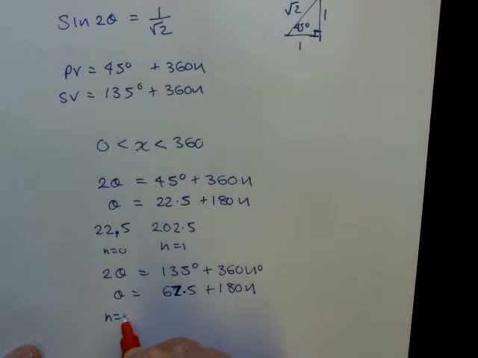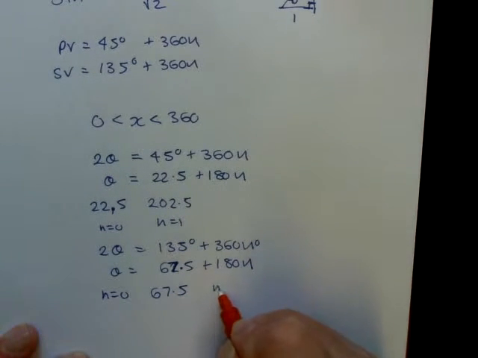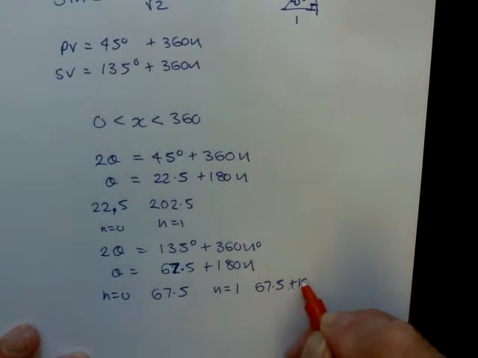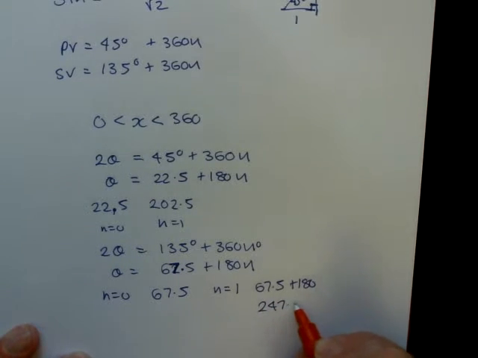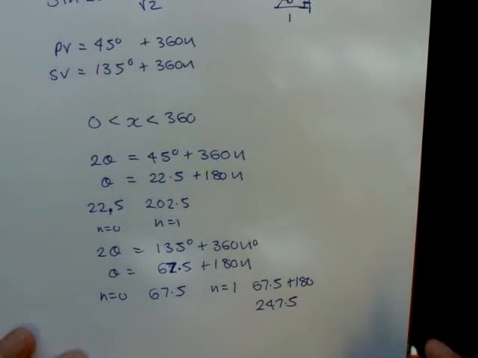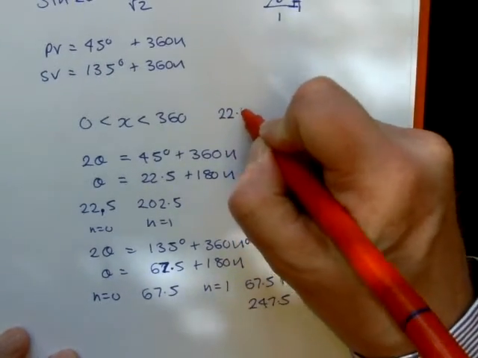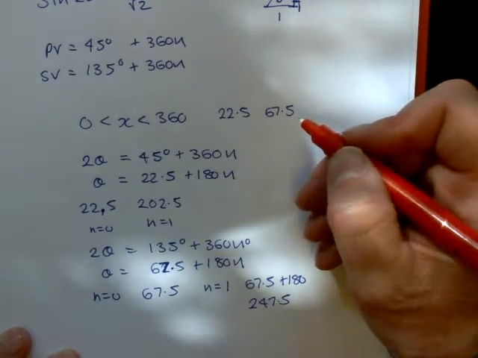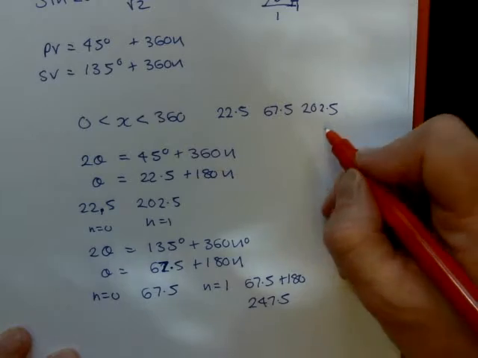So again, if n is 0, we'll get 67.5, and if n is 1, we get 67.5 plus 180, and that gives me 247.5. So if I list all the solutions then, taking them in order: 22.5, 67.5, 202.5, and 247.5.